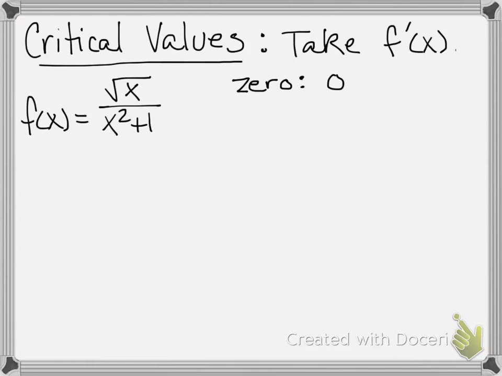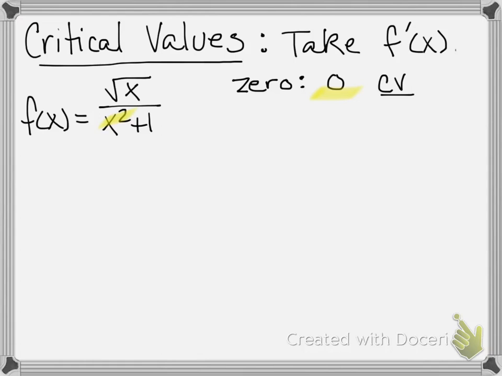And so we know that is a critical value, since that's an actual 0. And then you would also look to see if it's undefined anywhere, but since we have x squared plus 1 on the bottom, whether x is positive or negative, x squared is always going to be positive, so we know the bottom is never going to be undefined. So we found 0, and that's going to be our first critical value.